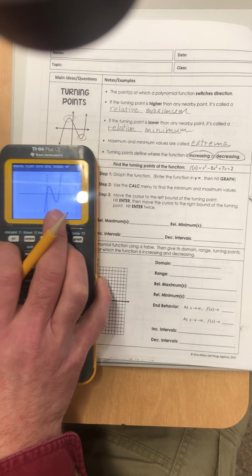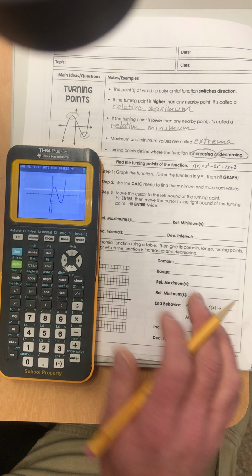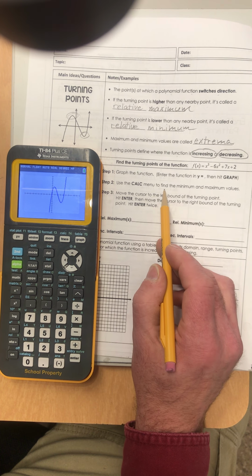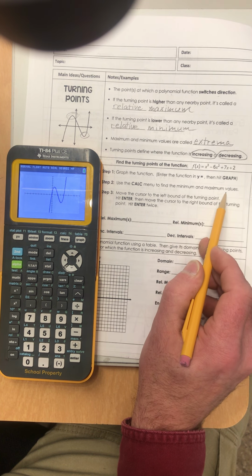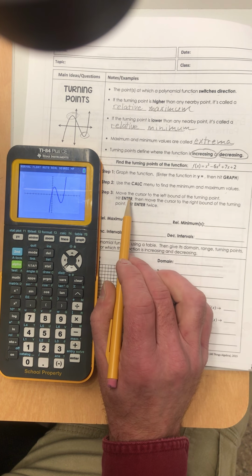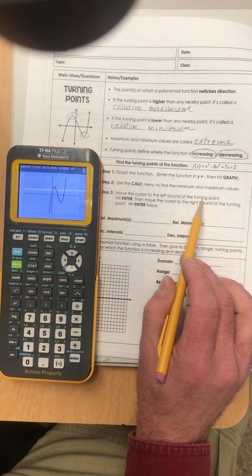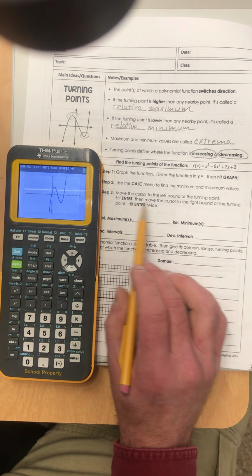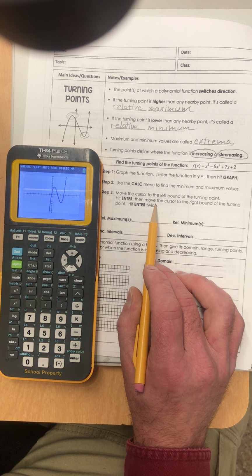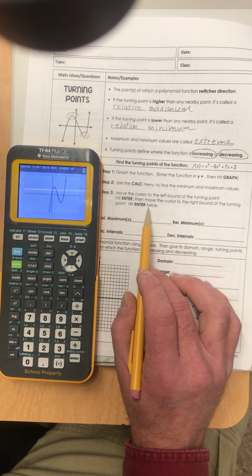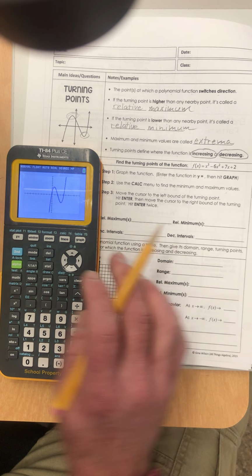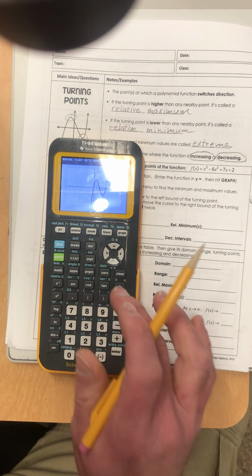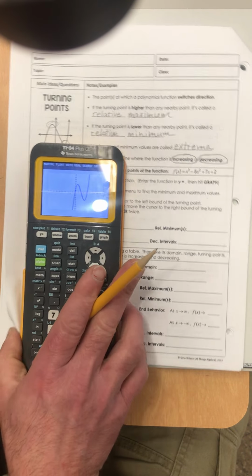Now, what they want us to do, they say use the calc menu to find the minimum and maximum values. And it says move the cursor to the left bound of the turning point, hit enter. Move the cursor to the right bound, hit enter twice. Here's the weird thing about this.